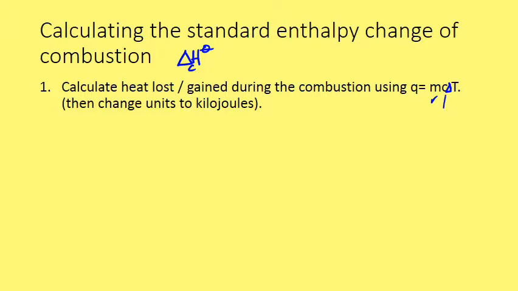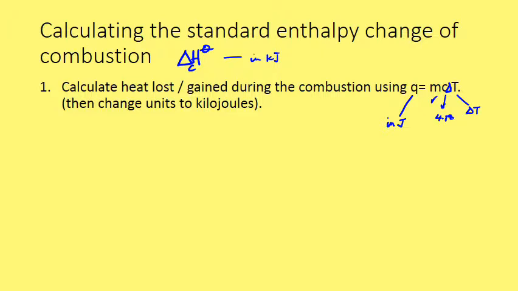You know C is 4.18, and you've taken the temperature of the water that you've heated up, and so you can work out delta T. So you've got your 3 terms there from your experiment, and you multiply out those 3 terms to find your heat lost or gained. But as you know from the previous slide, this is in joules. Yes, but the standard enthalpy change, right, is measured in kilojoules.